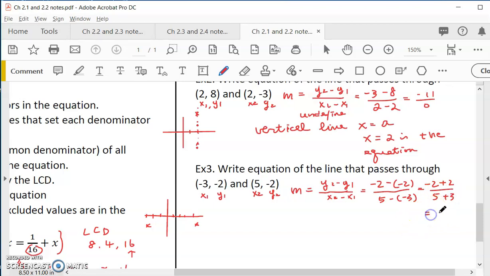The top, -2 plus 2, is 0 over 8. This is a valid number. It just means 0. So slope is 0.